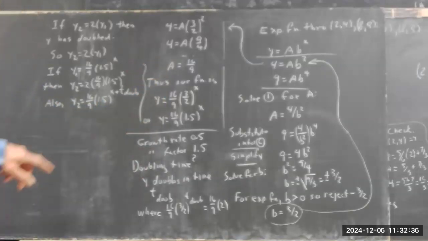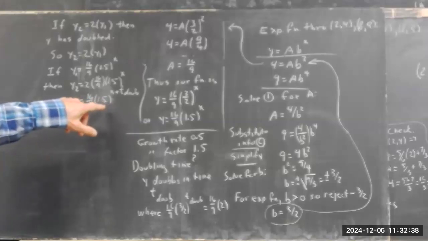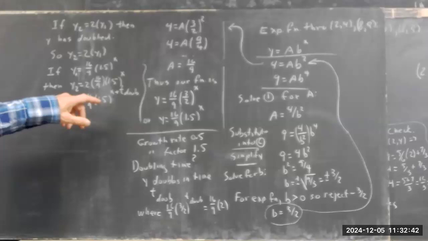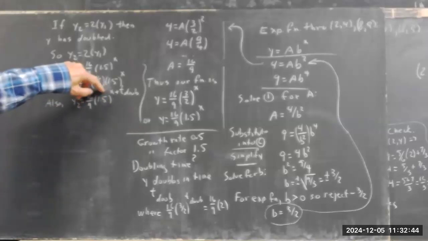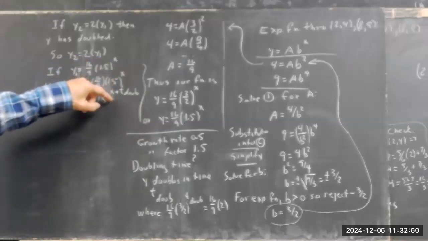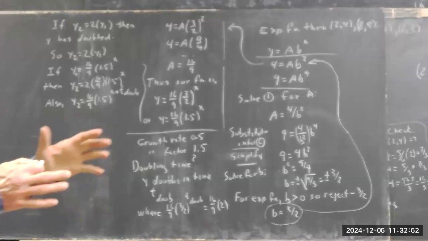Also, Y2 is going to be 16/9 times 1.5 to the x plus t double, because when you go from x to x plus t double, you have the doubling time.